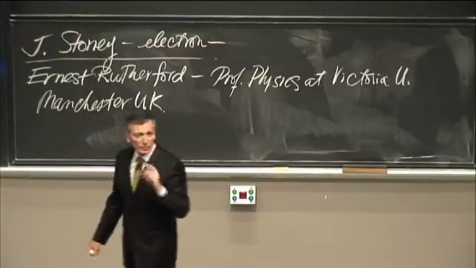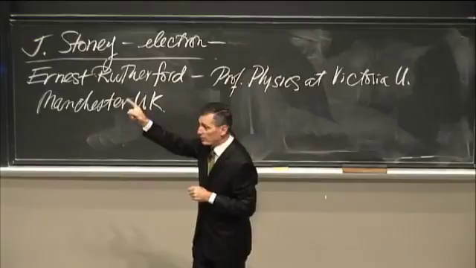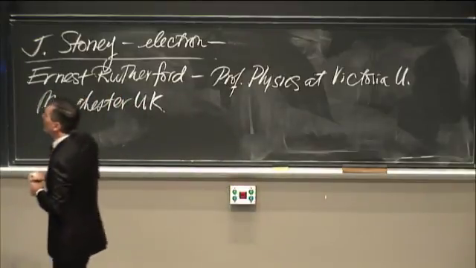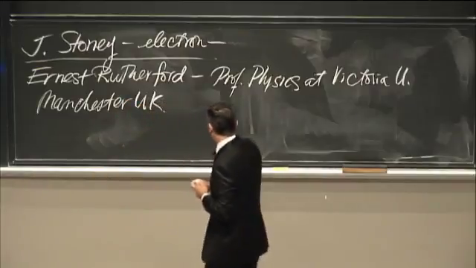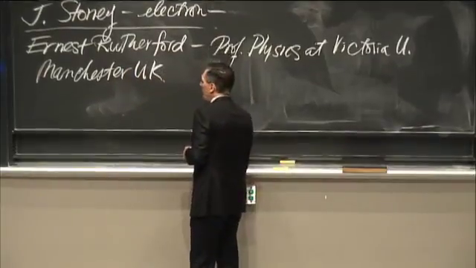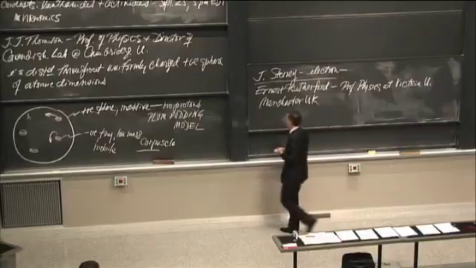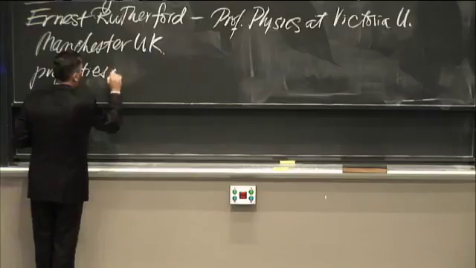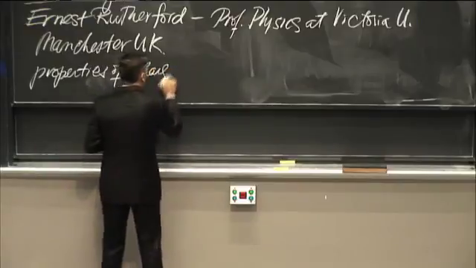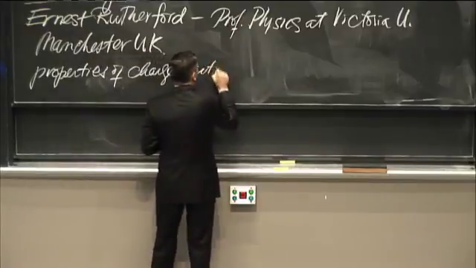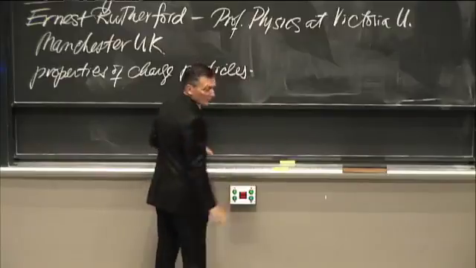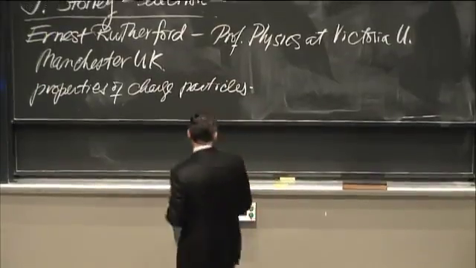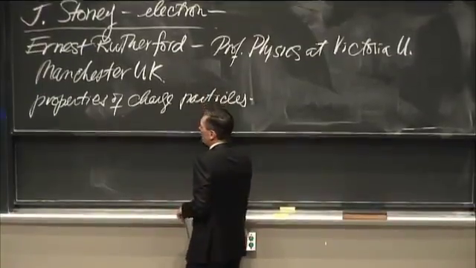And he was actually a research student for J.J. Thomson. And he conducted his thesis research under J.J. And during that time, his thesis research was about the properties of charged particles. And they were very interested in gases and radioactive elements, ionizing radiation, the whole thing.